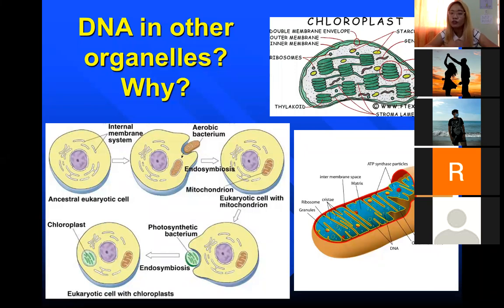Siyempre, it's the conversion of the food na meron siya into a huge amount of ATP through using the availability of oxygen. So because they work well together, eventually, the eukaryotic cell, hindi na siya nagre-reproduce ng walang mitochondria.